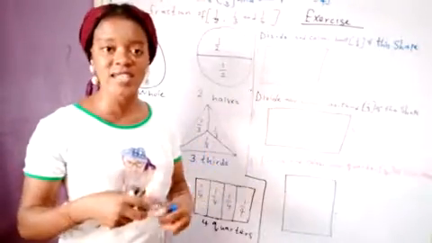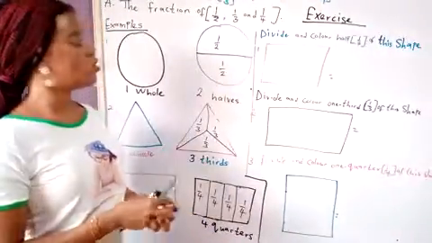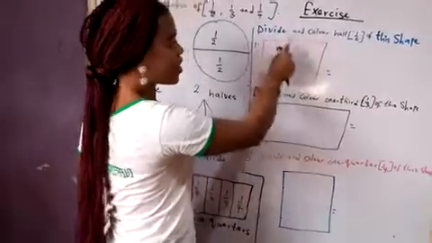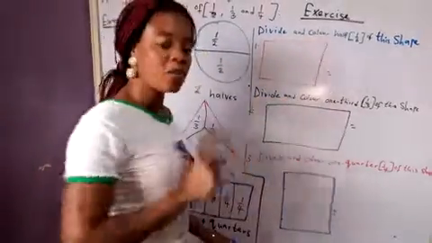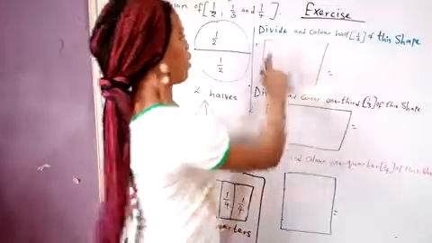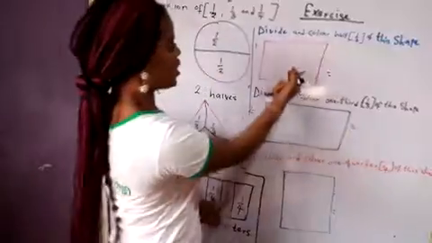Do you understand? Now let's try this exercise together. Number 1, divide and color half. Don't forget that I said half means 1 over 2. Divide and color half of this shape. This is a shape.